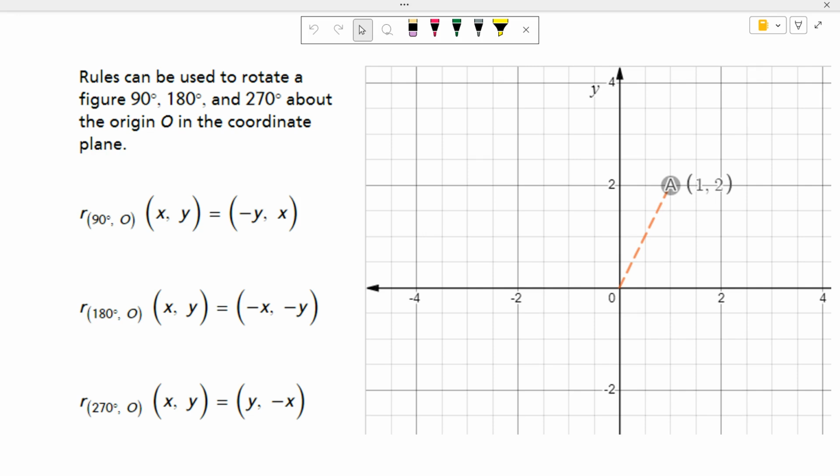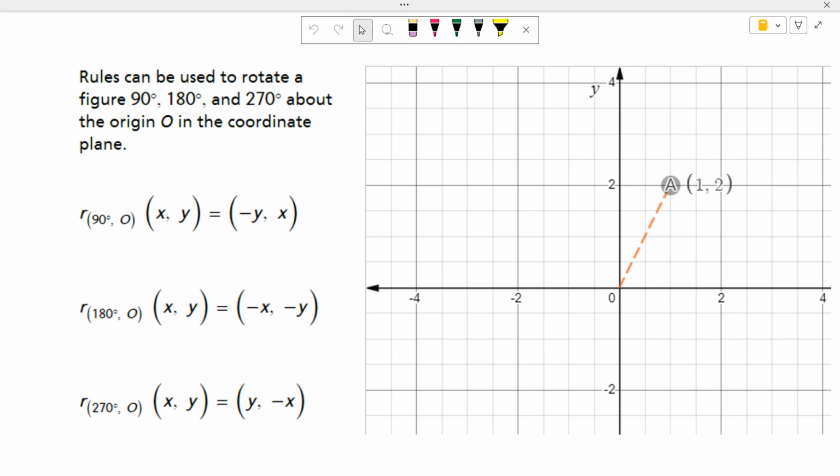So negative 2, 1. So (1, 2) became, you take this, negative 2, and this, 1. Negative 2, 1. See how that rotates? From (1, 2) to (negative 2, 1).